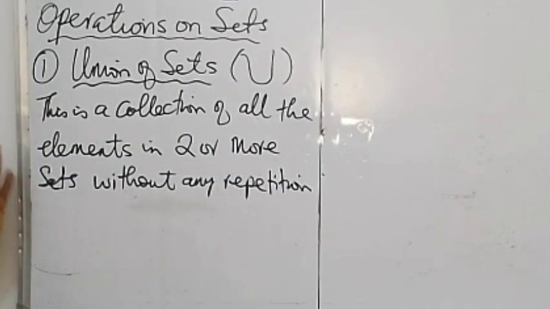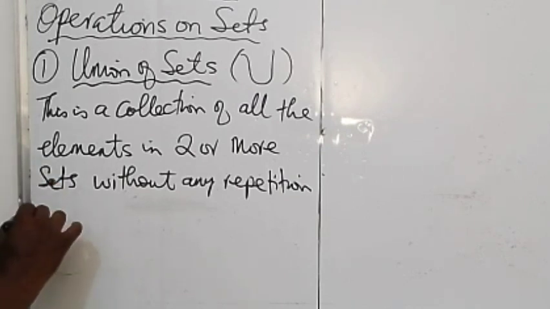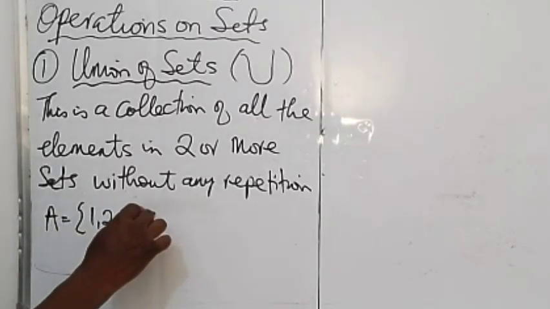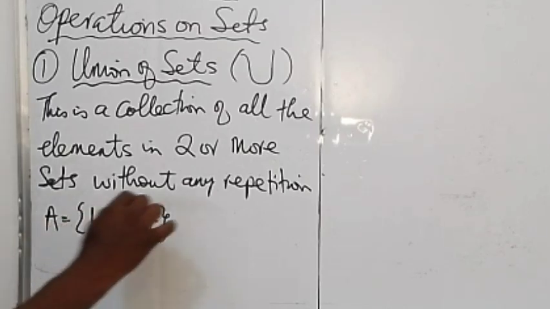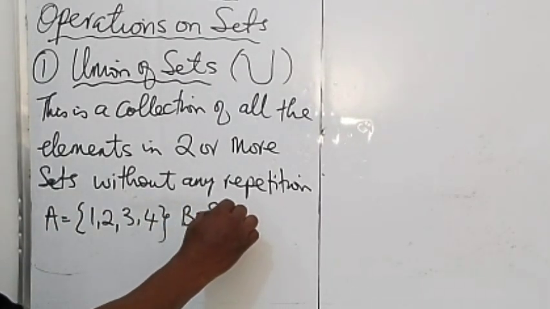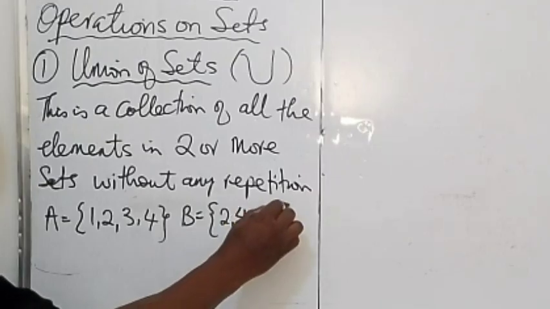To explain union of two or more sets, let's say I have three sets. Set A is 1, 2, 3, 4. Set B is 2, 4, 6, 8.